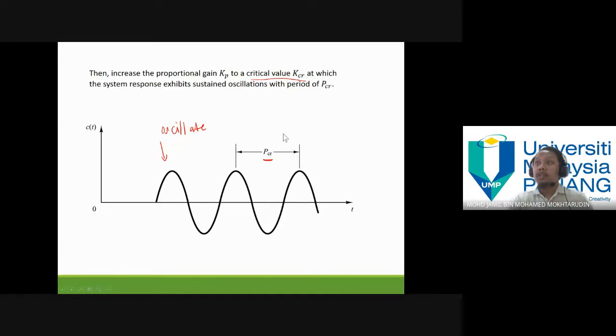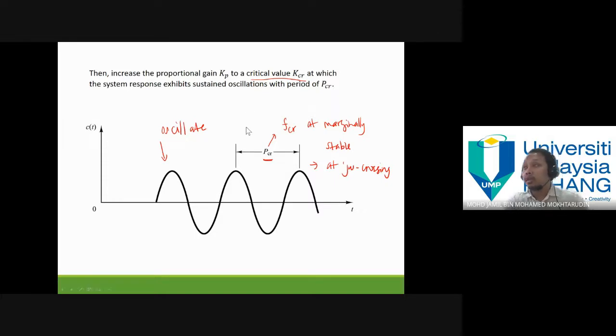Or if you still remember the Routh-Hurwitz criteria, you can determine the frequency at marginal stability, or in another language, at the j omega crossing. Okay, so we determine the value of Kp and the frequency at the j omega crossing.